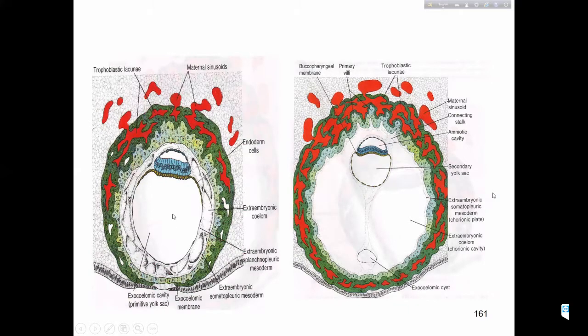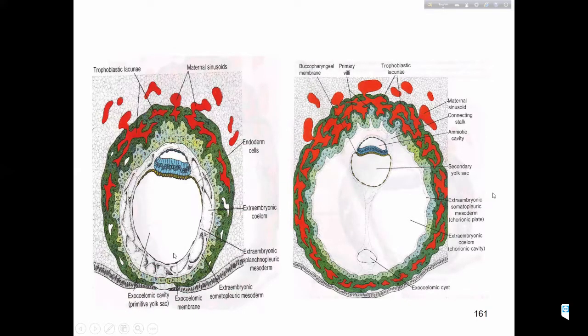We call it the exocoelomic cavity or primitive yolk sac. Now, these hypoblastic cells will form endodermal cells, endoderm, and they will create one cavity like this. So now we will call it a secondary yolk sac.